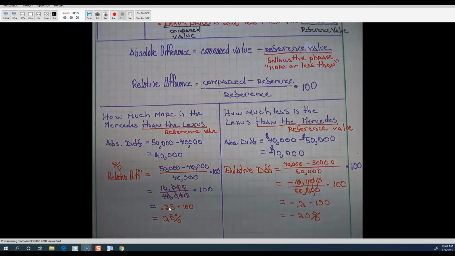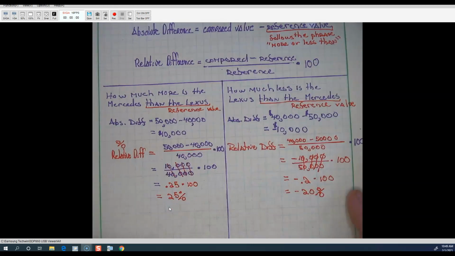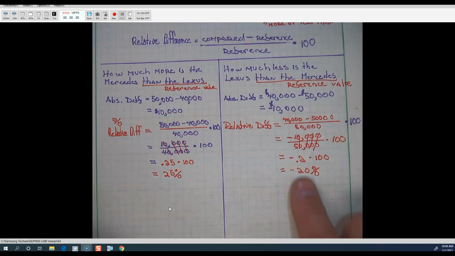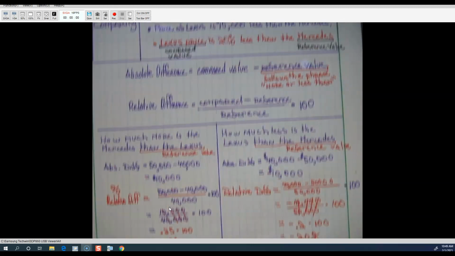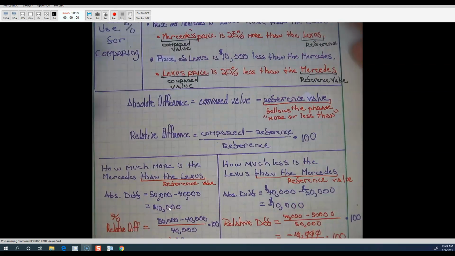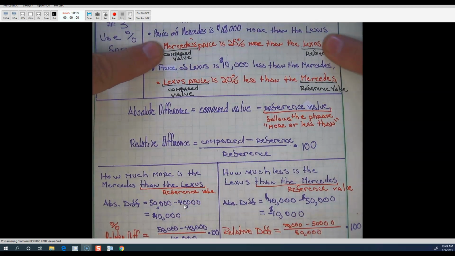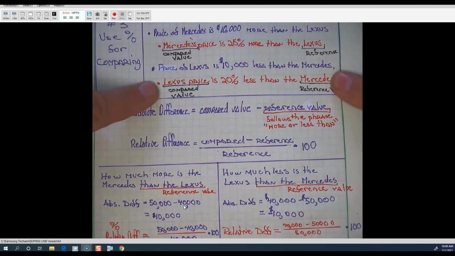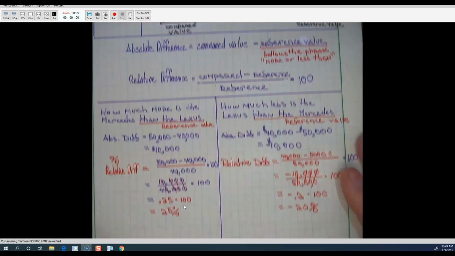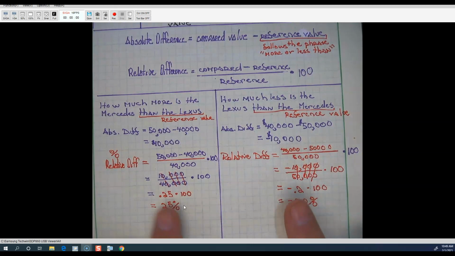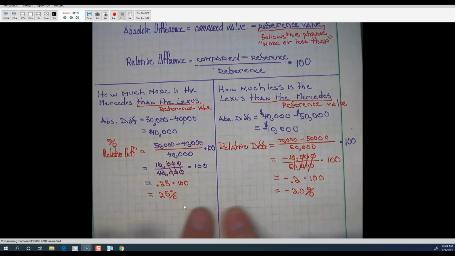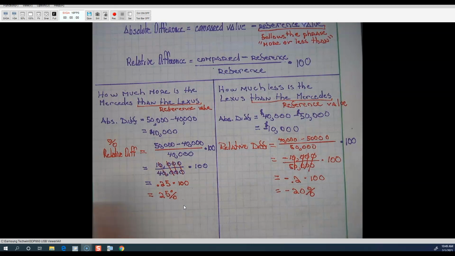Okay. All right. So from these statements right here, that's how we got these statements up here in red. That's where the 25% more came from and the 20% less. All right. So when you get these statements, it's important that you write out what you're comparing.